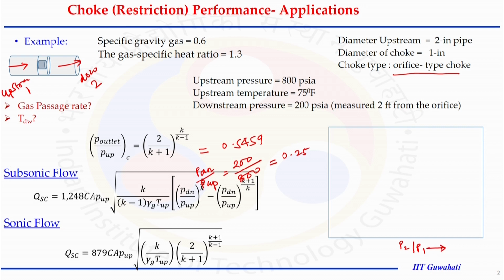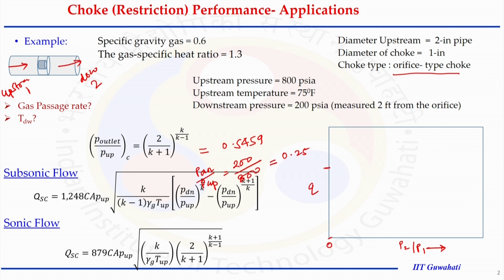If we plot Q, either capital Q or small q, versus the pressure ratio, what type of flow regime can we get? When my upstream pressure is much higher than the downstream pressure, the ratio is close to or tends to 0, and I have the maximum production of the gas.